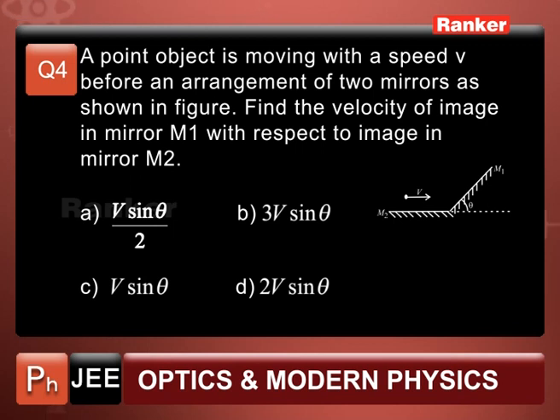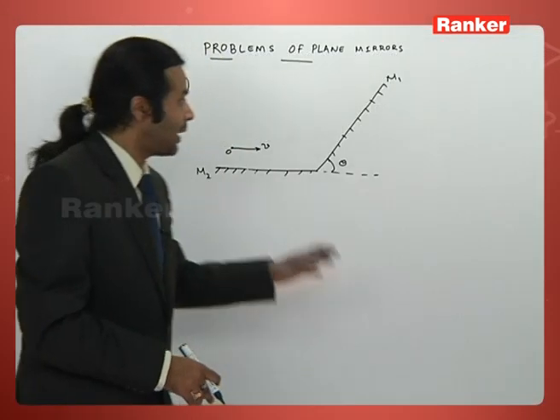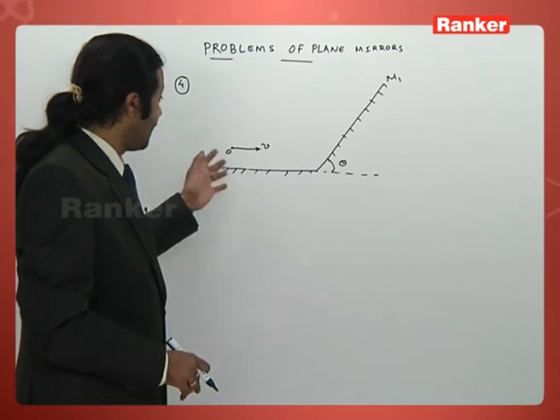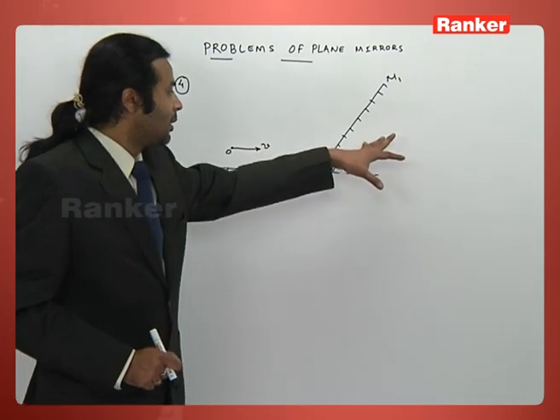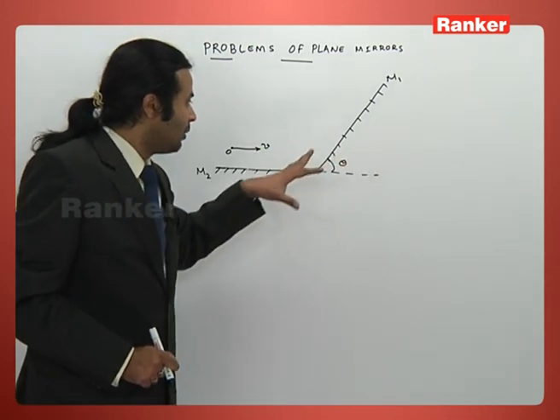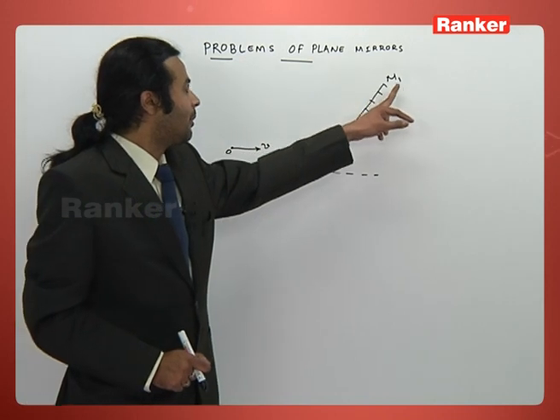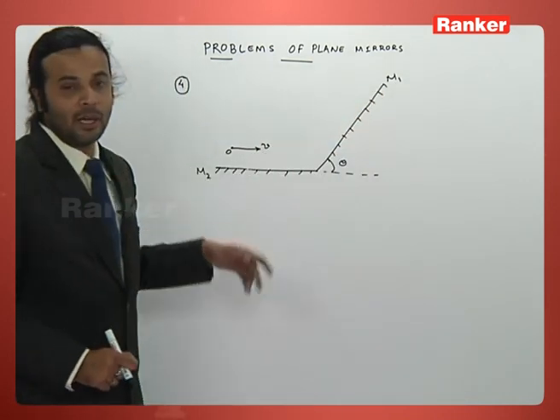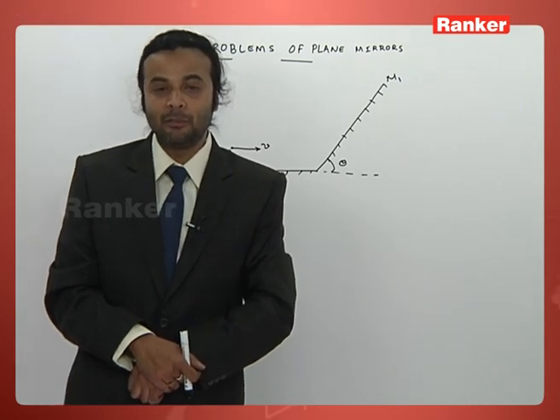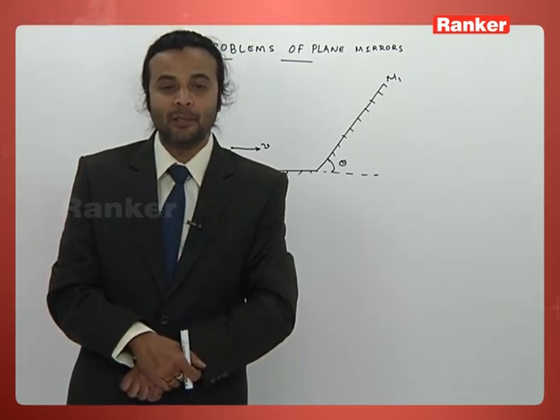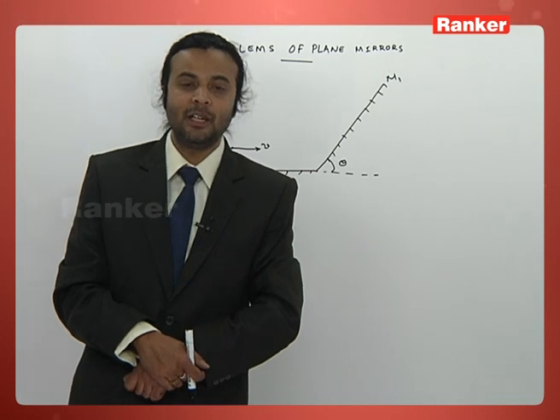This is the figure. Find the velocity of image in mirror M1 with respect to image in mirror M2. That means I need to find out the corresponding images in mirror M1 and M2, and I need to find out those relative velocities between those two images. The options are given as A v sin theta by 2, B 3v sin theta, C v sin theta, D 2v sin theta.